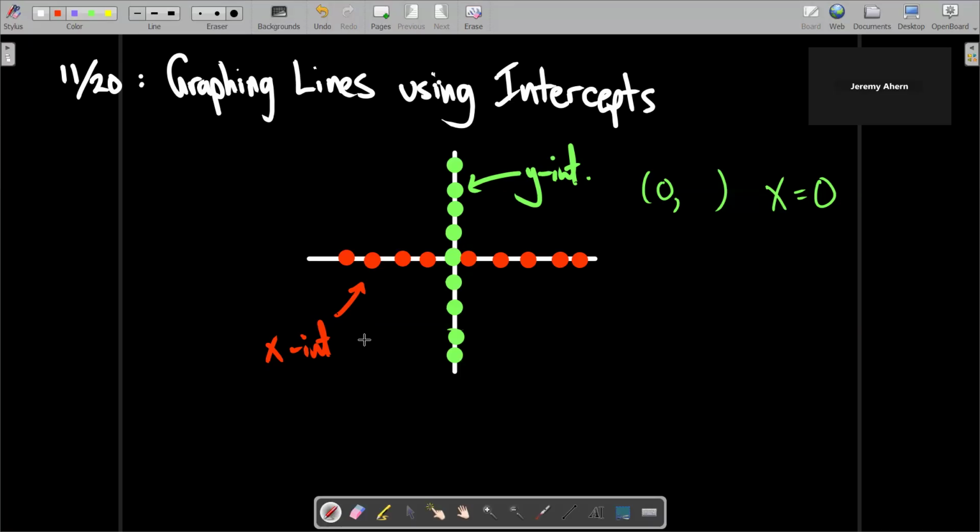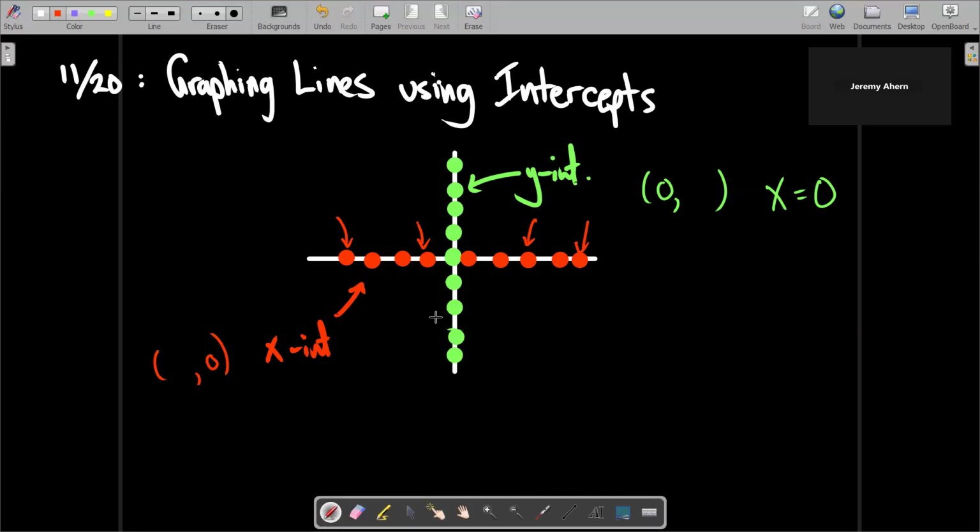Their y coordinates are all 0, regardless of which one I point to. I may not know what their x's are, but I know that every one of them is in the format of something, comma, 0.